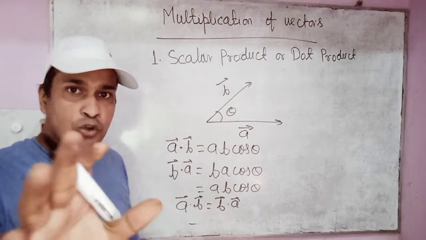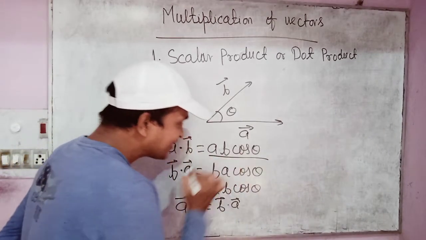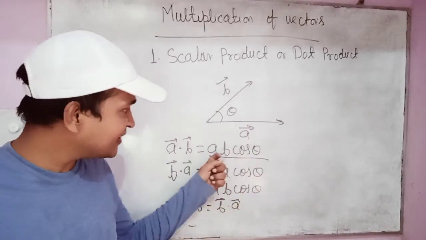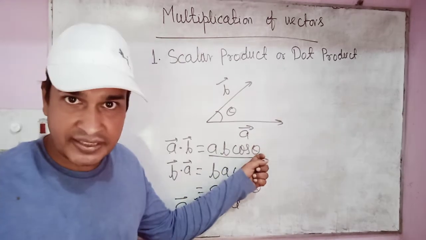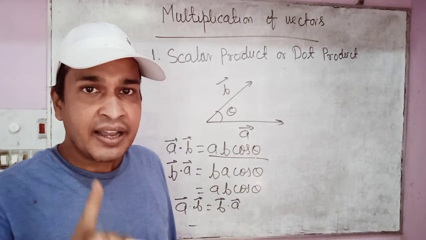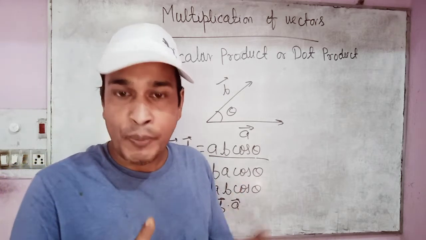One thing we can also see is that the dot product of two vectors is a scalar quantity. AB cos theta is a scalar quantity because A is a scalar, B is a scalar and cos theta is also a scalar. So always remember the dot product of two vectors is a scalar physical quantity and the dot product of two vectors is commutative.